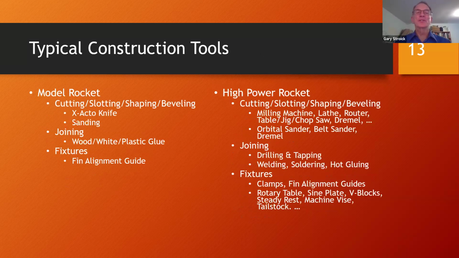So some of the construction tools, if you've been building model rockets, you get your kit and you're going to get your balsa wood, and you might have to cut the fins out of balsa wood. And well, how do you do that? You'd use an X-Acto knife basically to cut that out, or to trim some additional pieces of plastic off of your nose cone that you want to trim off because it was molded and has some residue from the mold left there.